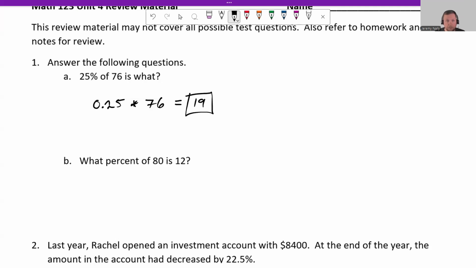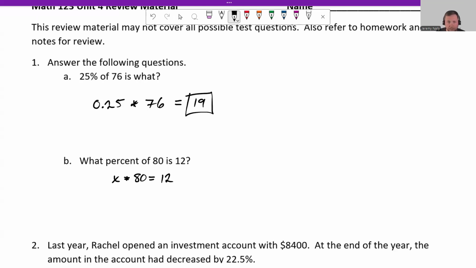Okay, what percent of 80 is 12? So again, we can, if we want, translate that. What percent is unknown, x, "of" is multiplication, 80 stays 80, "is" turns into an equals, and then 12.